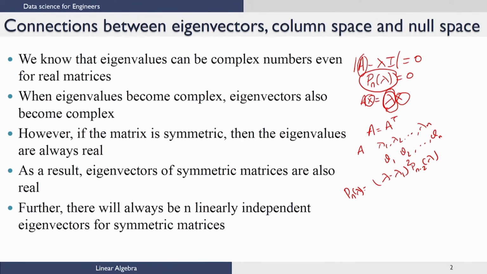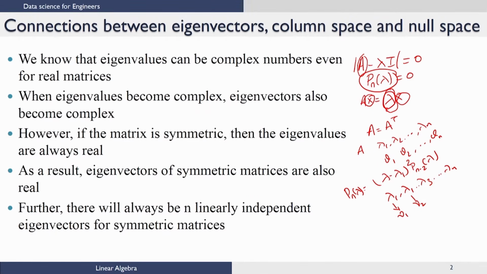Now, when I have lambda 1 repeated like this, it could turn out that this eigenvalue either has two eigenvectors which are independent, or it might have just one eigenvector. So, finding n linearly independent eigenvectors is not always guaranteed for any general matrix, and we already know that eigenvectors could be complex for any general matrix.